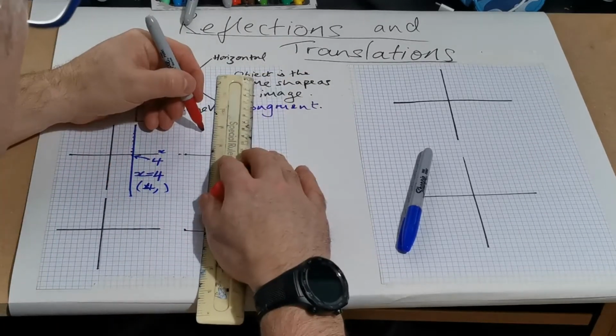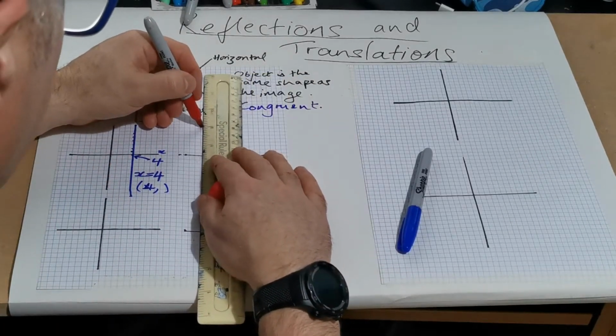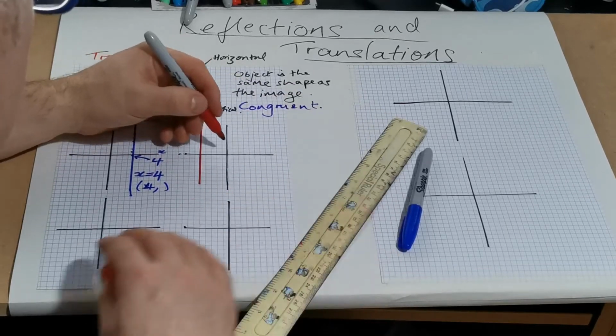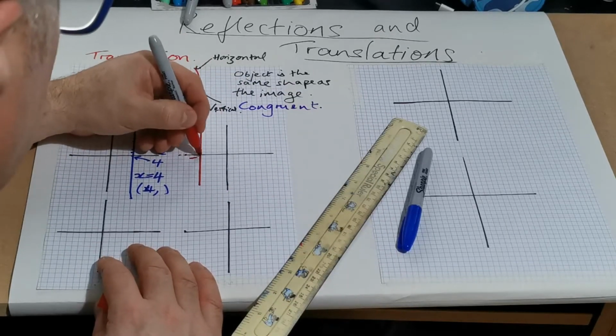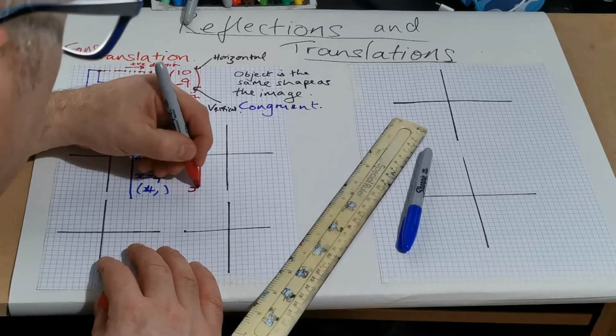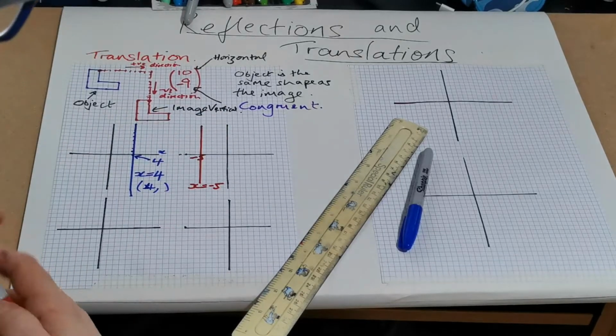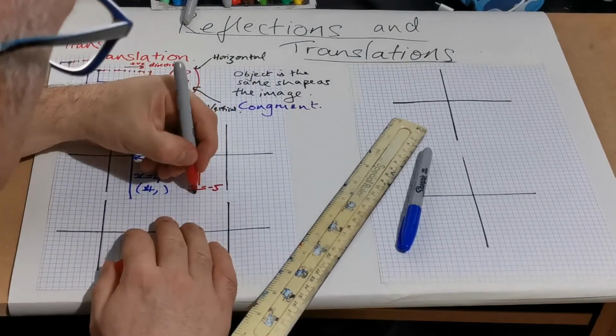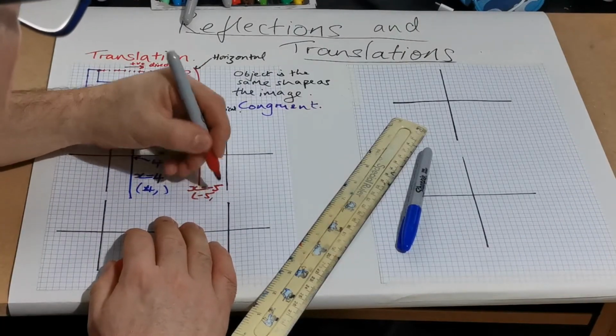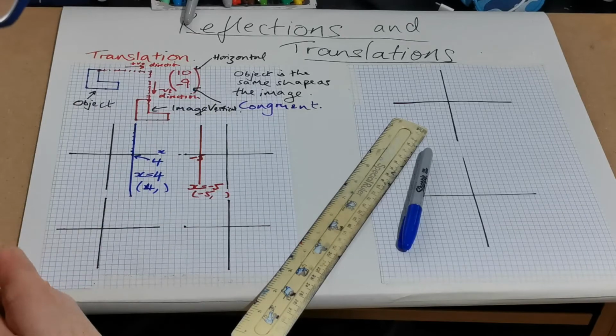So similarly with this one, if that crosses at minus 5, there, that line would be x equals minus 5. Because all the x coordinates, or every place on that line, would be minus 5 something.